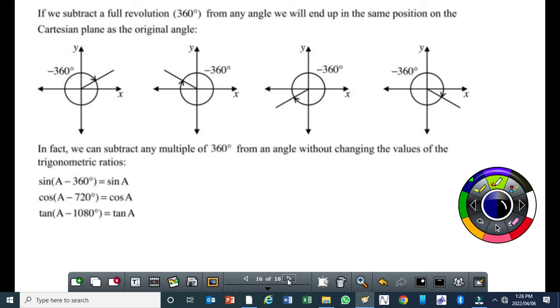Now, what if you do a subtraction of a negative angle? Like in this case, if you subtract one revolution or 2 revolutions and so on. The concept is still the same, right? Let's say I give you an angle like sine of 50 degrees.